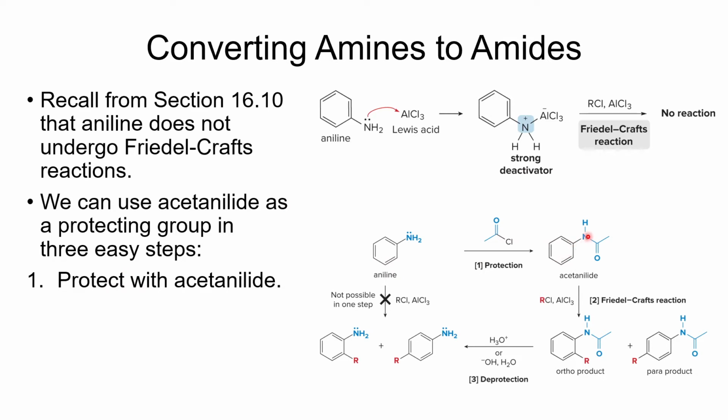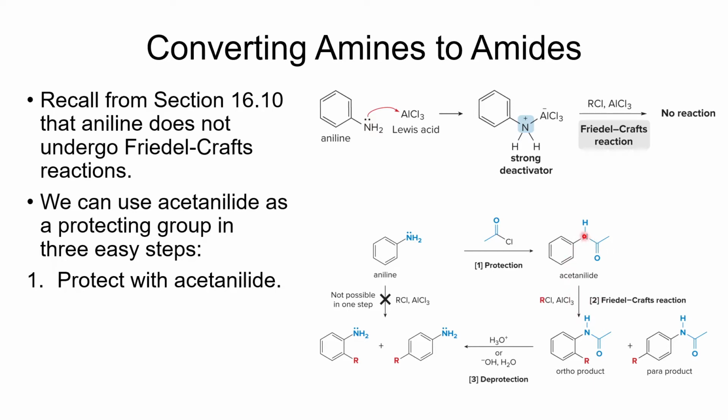Acetanilide is still an activating group. It's not nearly as strong of an activating group as aniline is by itself, but it is still an activating group, still an ortho-para-director. Since it doesn't have as much electron density on that nitrogen, it doesn't act as much like a Lewis base and react with your aluminum chloride.